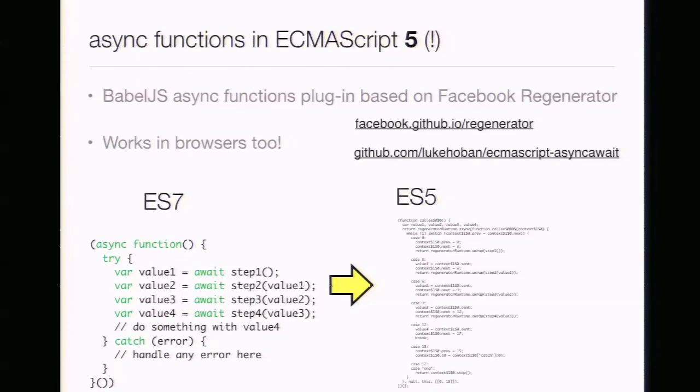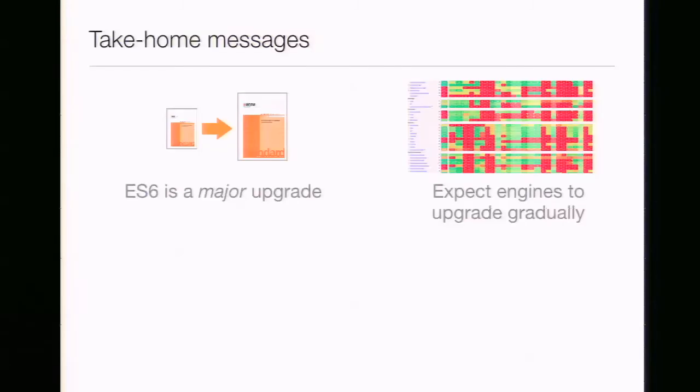But at least you can have the benefit of a direct style control flow and have your code running on browsers today. Okay. There's also a plugin for Babel that allows you to already use the async await syntax and have it compile down to the state machine without having to worry about the intermediate generator hack, let's say.